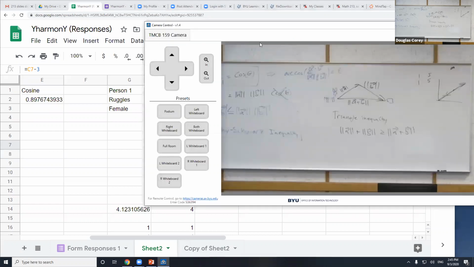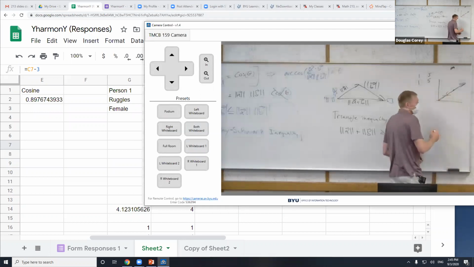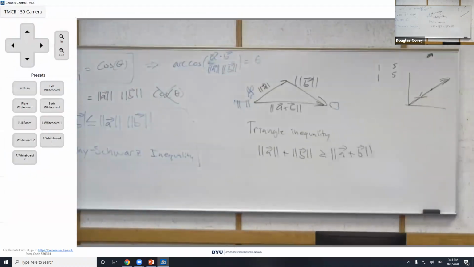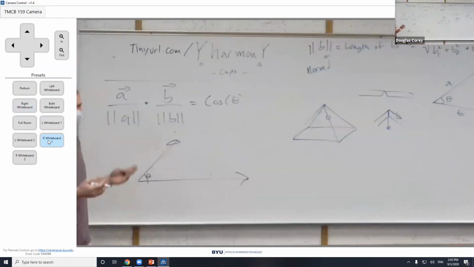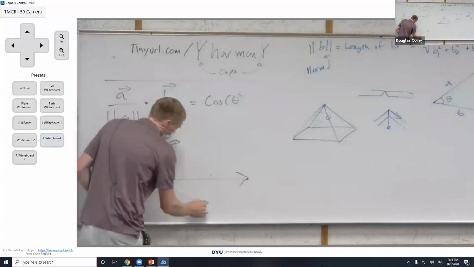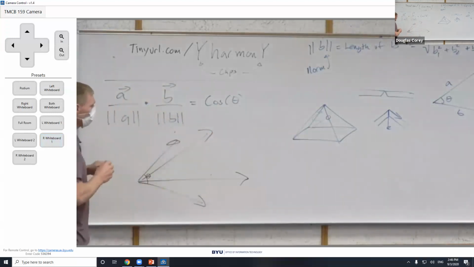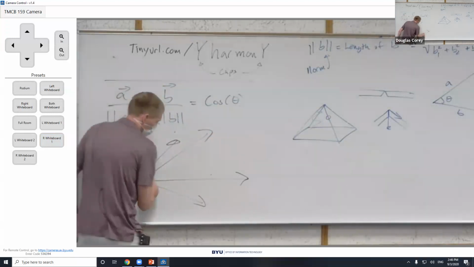Okay, one more thing before I turn you loose. There is something else we can do. There's another strategy we can do to see who is close to Ruggles. Instead of just looking at this angle here, you can do a projection. This is one thing I'm not going to have time to walk through. I'll make a video of walking through a projection problem so you understand how to do that. But if we have lots of competitors, then one thing you can do is, here maybe I'll make a one.